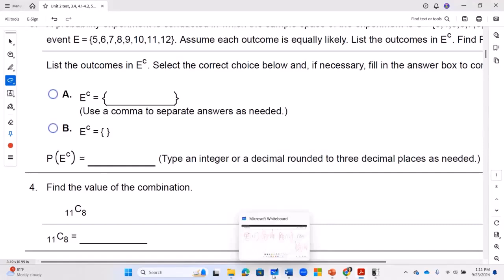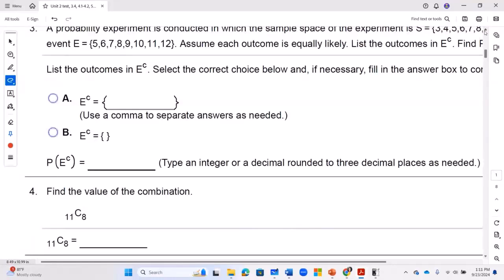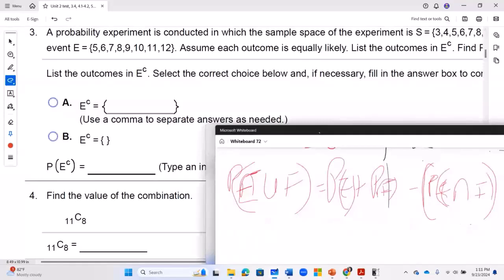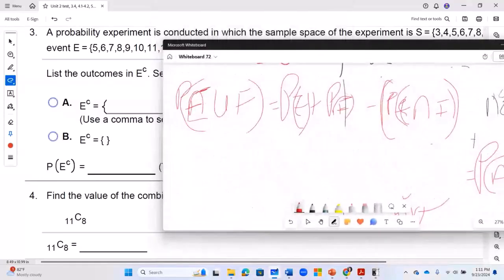It is still probability. Before we continue, I want us to say what the complement rule is. Example, suppose I have an oval. Let me get my whiteboard because it behaves better when I write on it.